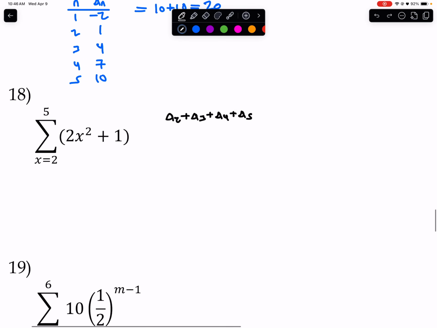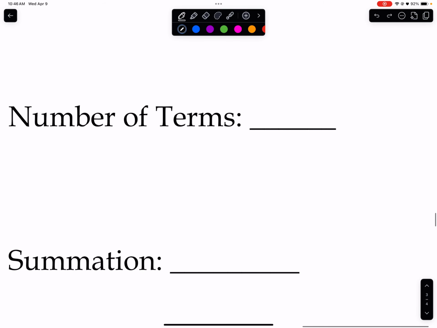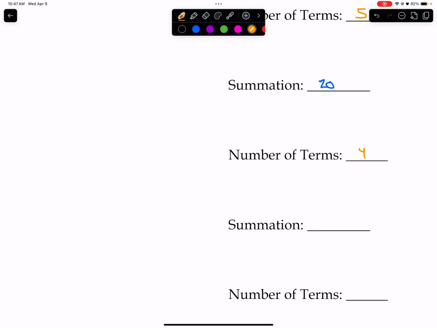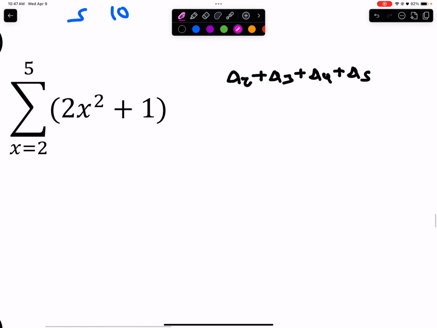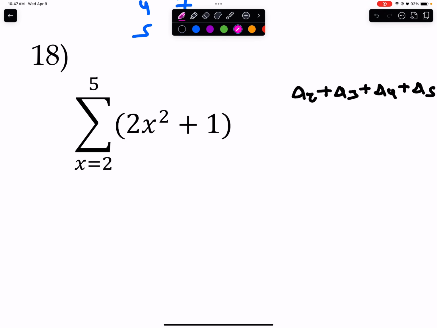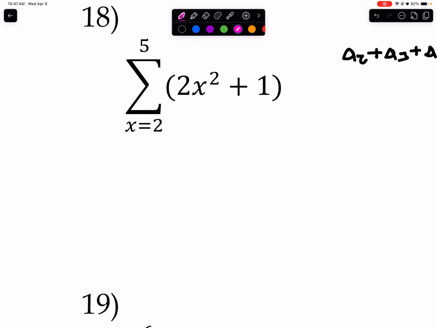We're actually only going to do 4 terms. So the number of terms here is just going to be 4. But what you want to notice is, if I want a consistent way to find the number of terms, what I like to do is say n equals the top number minus the bottom number, and then plus 1.